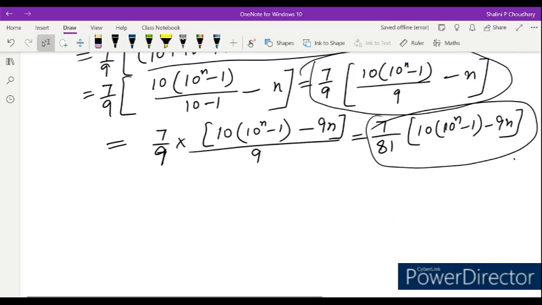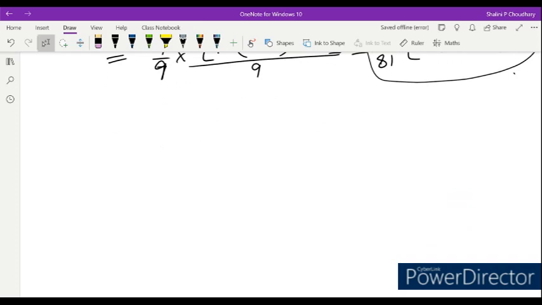One more question we'll do. A person has 2 parents. Okay, so how many grandparents? 4 grandparents.